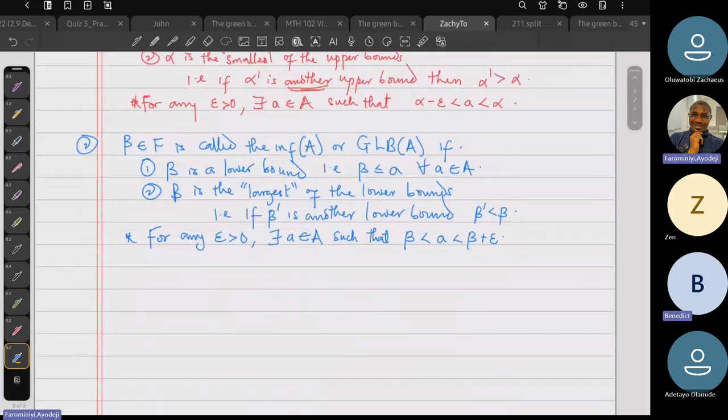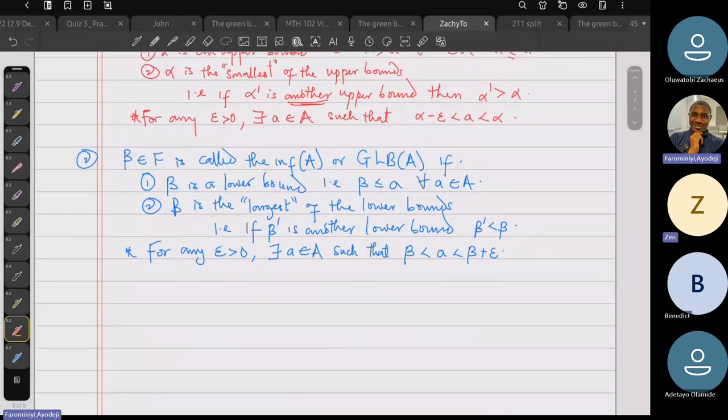Yes, you have a very good point, and it is a correct one. So A can be less than or equal to alpha, and it can also be less than or equal to beta.